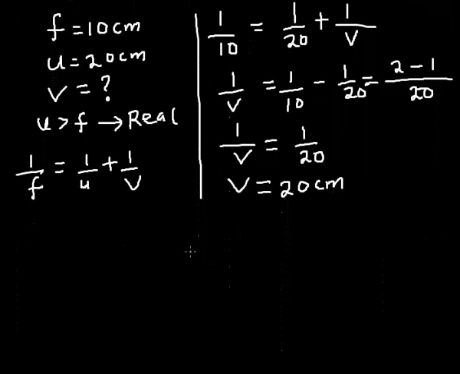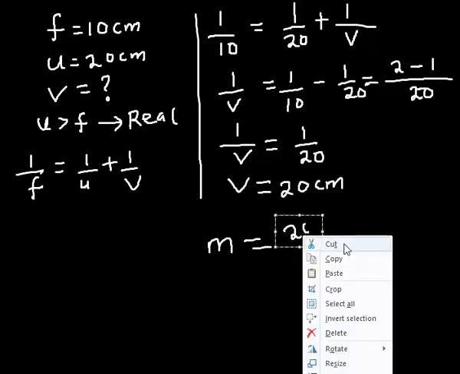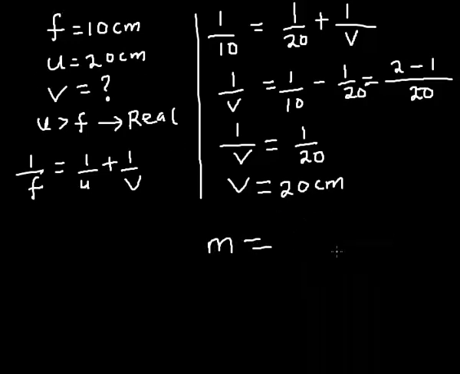In case you want to find the magnification, remember magnification is image distance over object distance. Image distance is 20 cm, object distance is 20 cm, which is 1:1. That means the image and the object are of the same size.